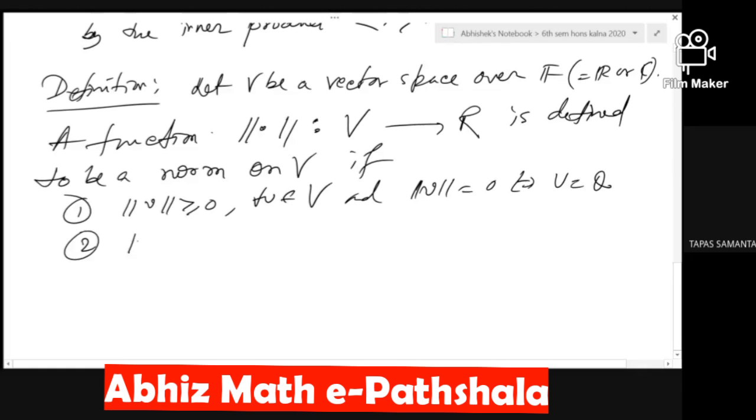Number two: norm of alpha v equals mod alpha times norm v, for all scalars alpha belonging to F, for all vectors v belonging to V.